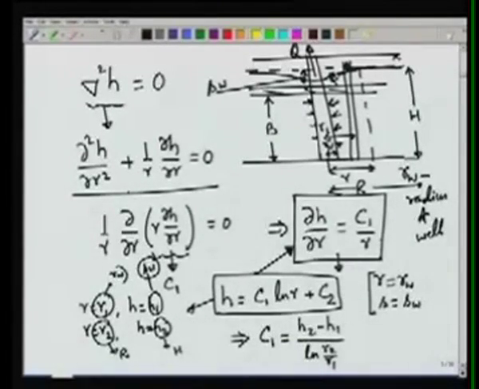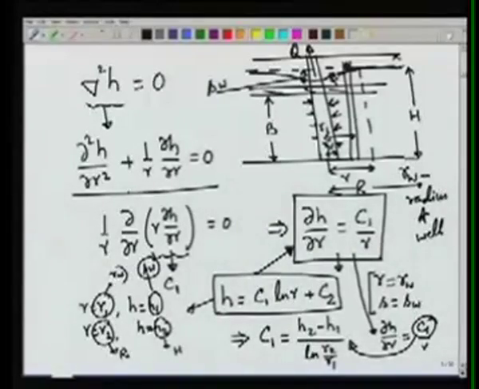And if you look at this equation, del H by del R is C1 over R, and C1 is obtained from here.